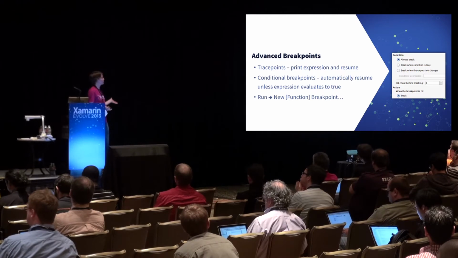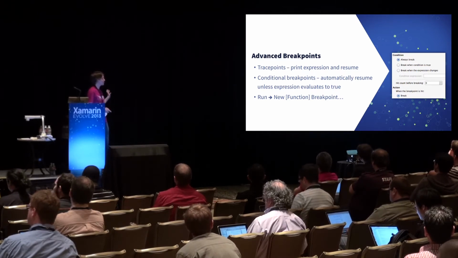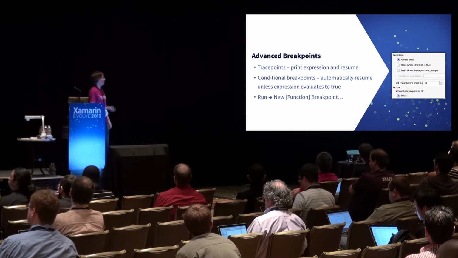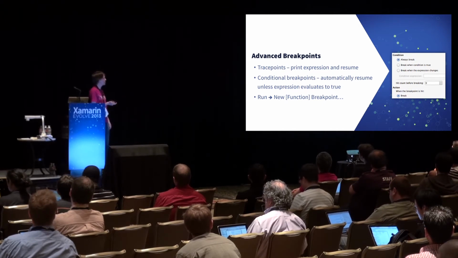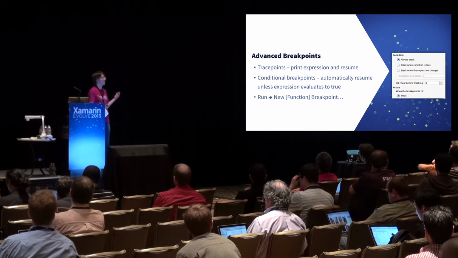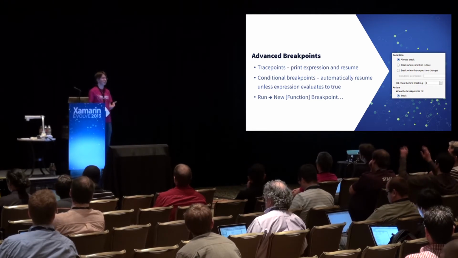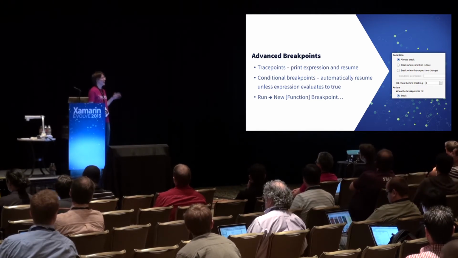You can also have conditions on your breakpoints, so just some debugger expression that compares a local against some value, and only if that condition is true will it actually break. And you can also have what we call a trace point, which is whenever the breakpoint is hit, it prints an expression and continues.